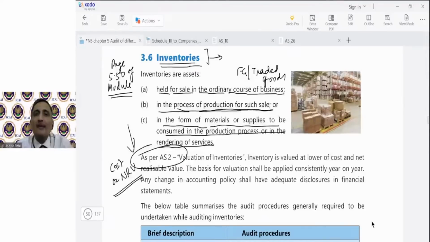However, there can be a situation when net realizable value is lower than the cost itself, because of lack of demand of the product or some other reason.